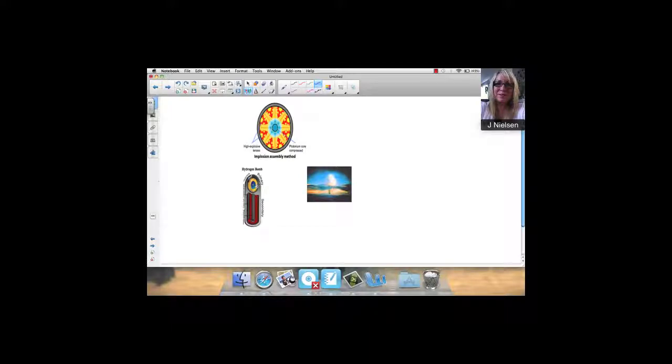All right, lastly, in a hydrogen bomb, you've got your tritium and you've got your deuterium, and that's going to produce your helium and a neutron. Well, this is what's going on up in the primary end, and it's going to collect neutrons.